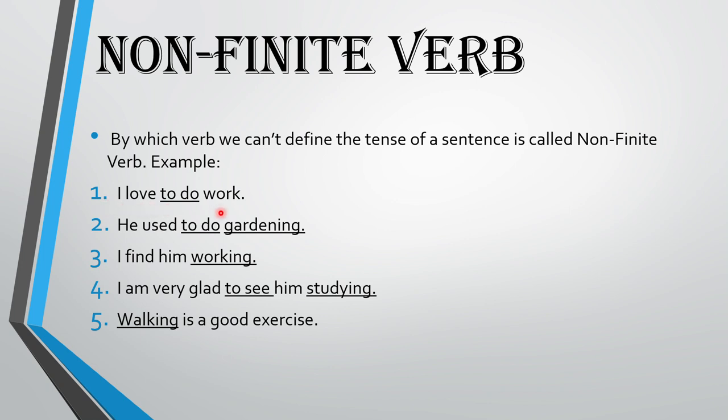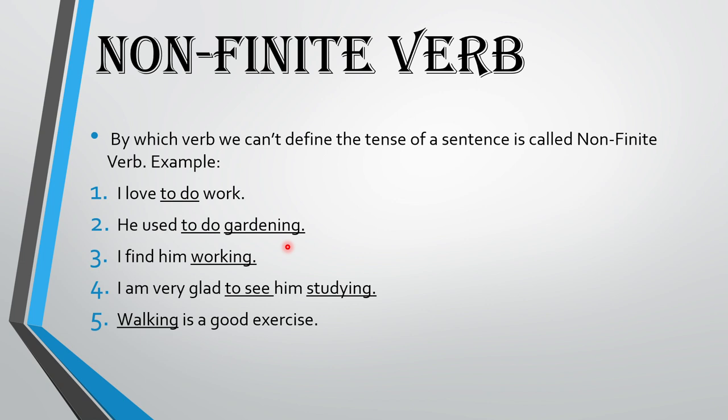I love to do work. There, by seeing love, we can define that it is a present tense, or specifically present indefinite tense. But by seeing to do, we can't define the tense of this sentence. So to do is a non-finite verb. Like: he used to do gardening. There are two non-finite verbs, to do and gardening.